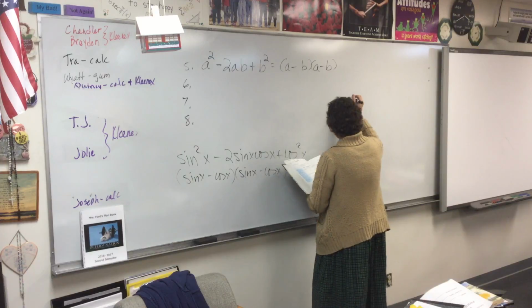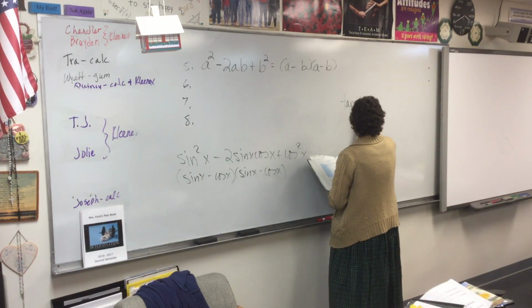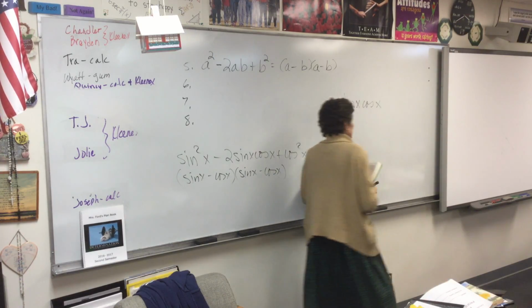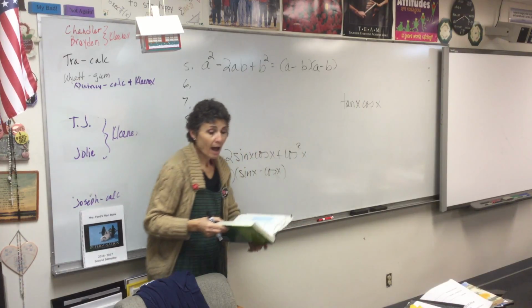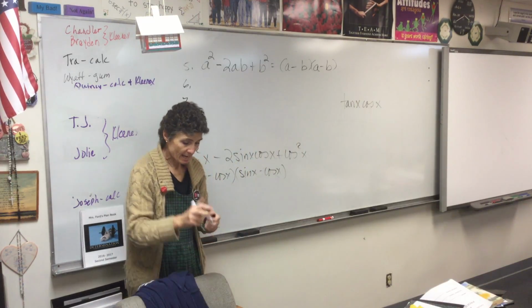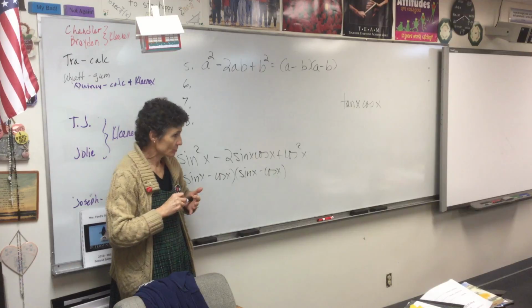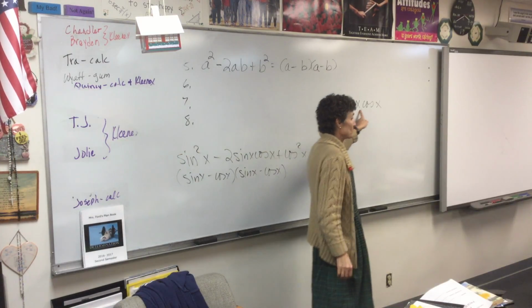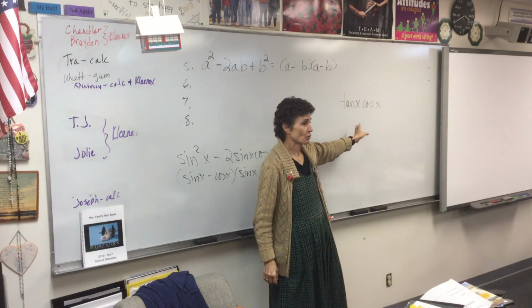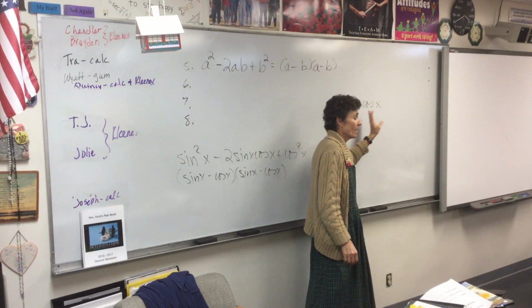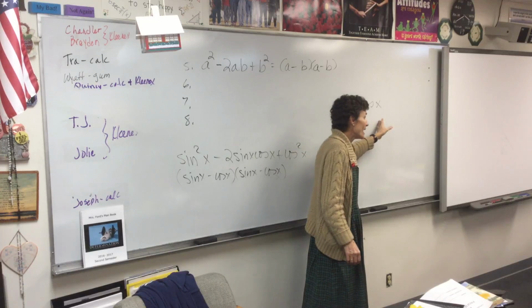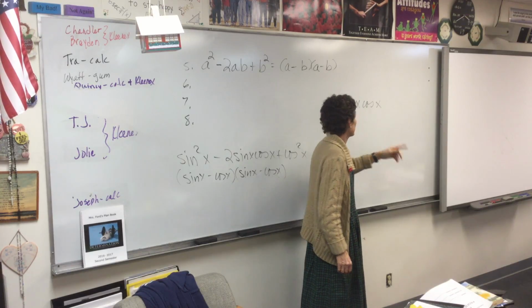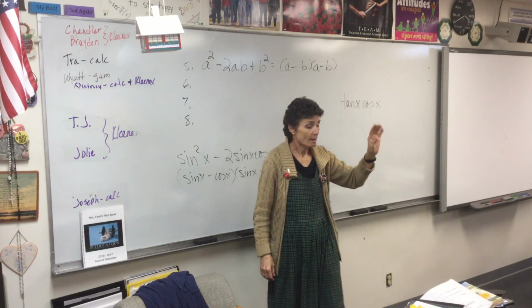Number 9 says simplify tan x cosine x. Now, I will always say tan and cosine, I will never write that without the x. Please make sure you have an x, a theta, an a, whatever letter you want, make sure it's attached.